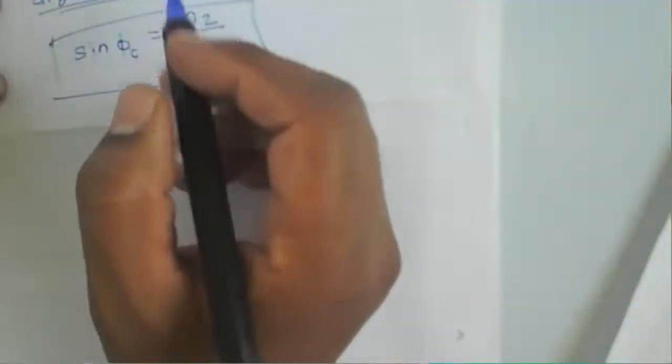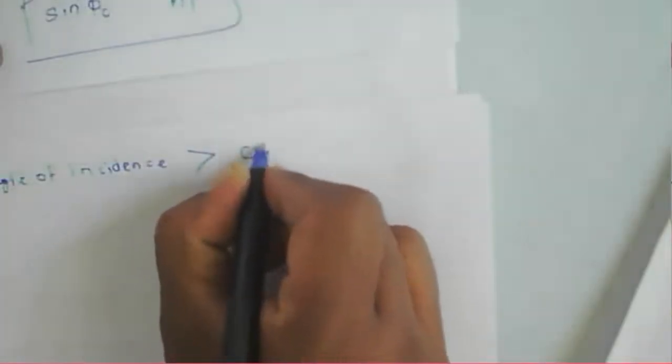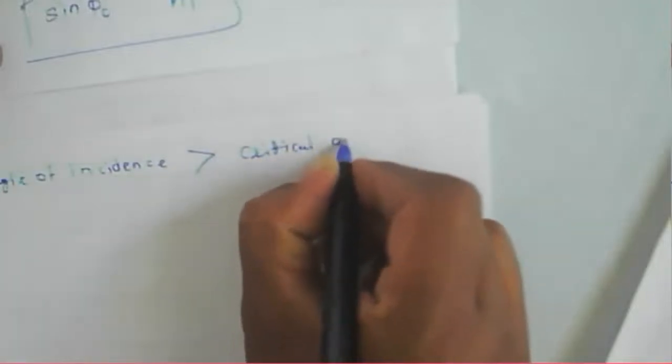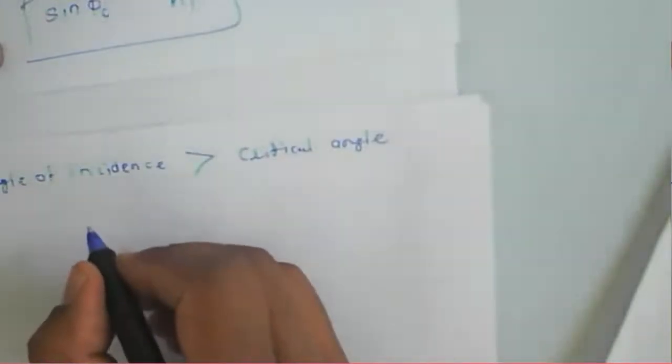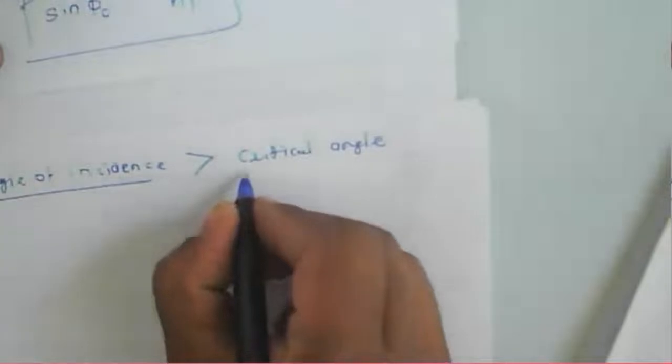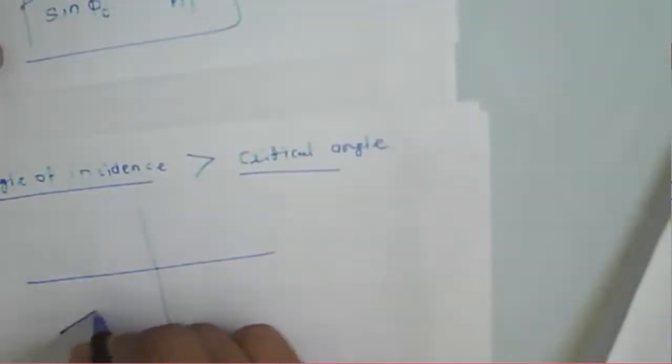If the angle of incidence is greater than the critical angle, then the light is reflected back.